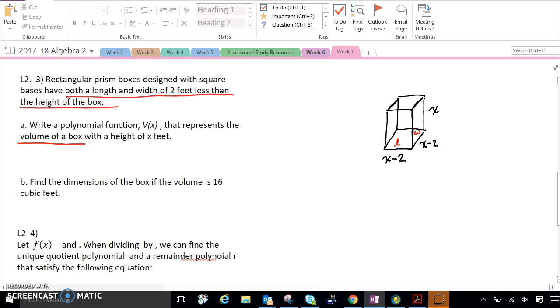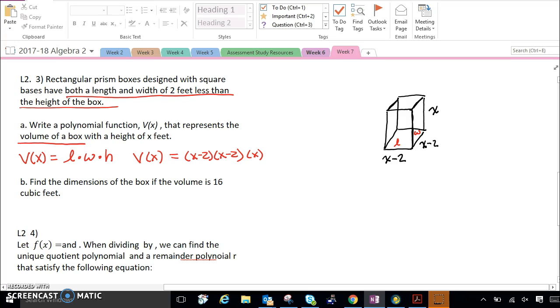And so for any three-dimensional shape, volume would be equal to length times width times height. And in our case, that's just x minus 2 times x minus 2 times x.